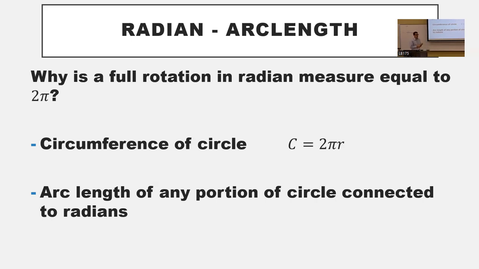A full circular rotation is 2 pi radians. So full rotation in radian measure is equal to 2 pi. And you may think, well, wait a second, the circumference of a circle is 2 times pi. And it turns out that arc lengths of circles are connected to radians.